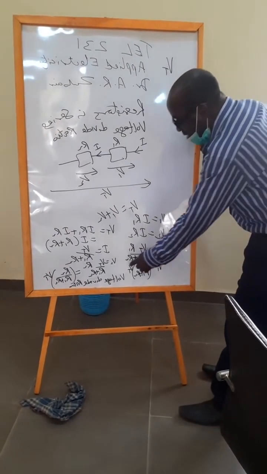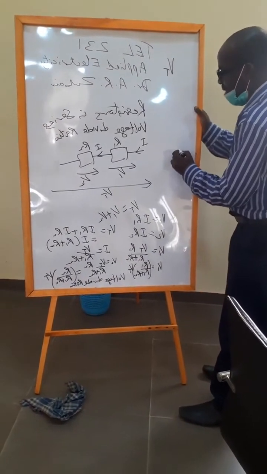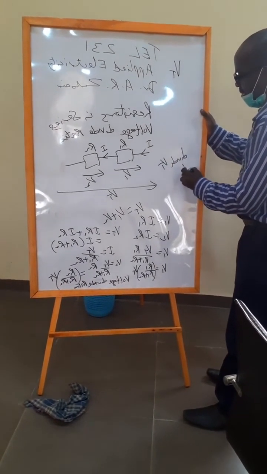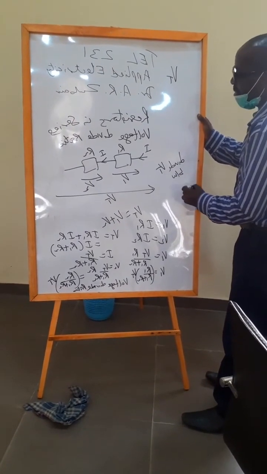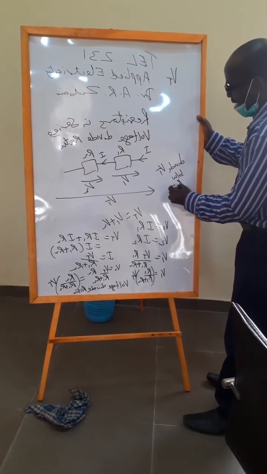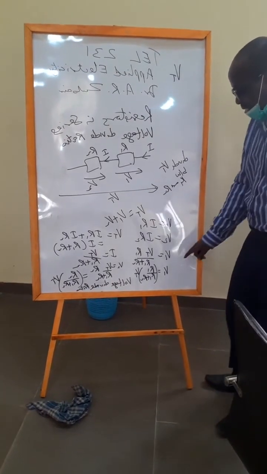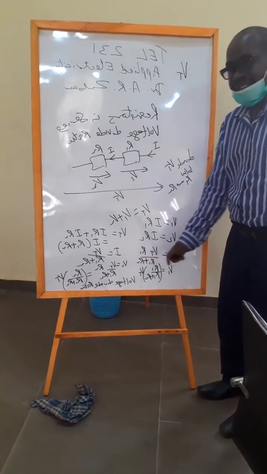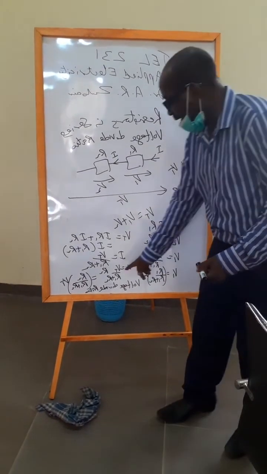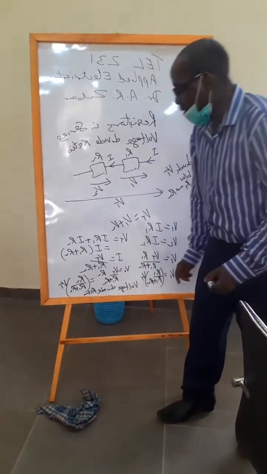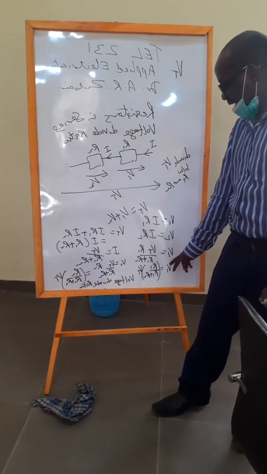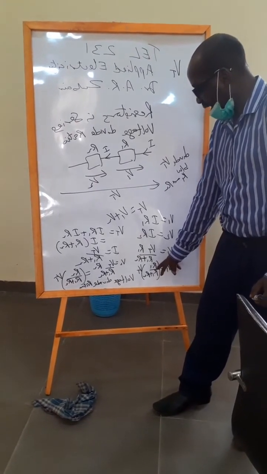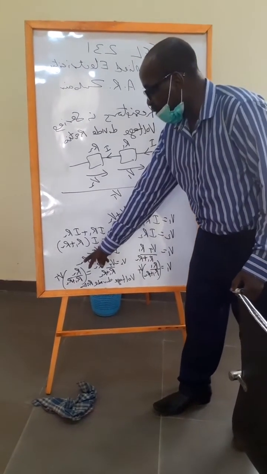Now, if we want to divide Vt between R1 and R2, V1 will take R1 over R1 plus R2 times Vt. V2 will take R2 over R1 plus R2. Which means it is according to their resistance. So it's R1 over R1 plus R2, and R2 over R1 plus R2.